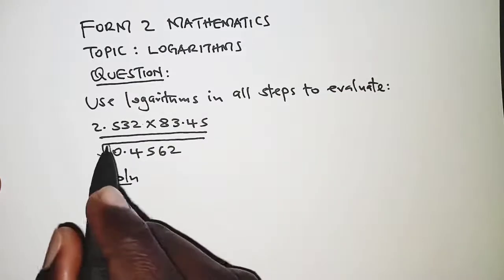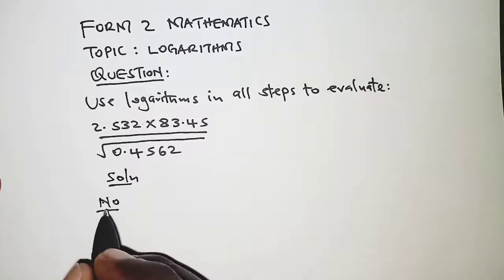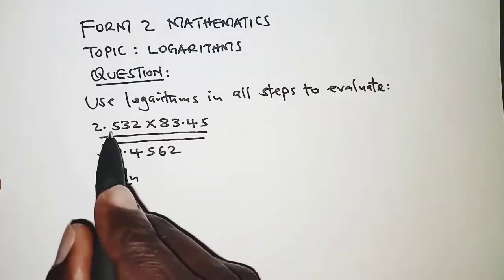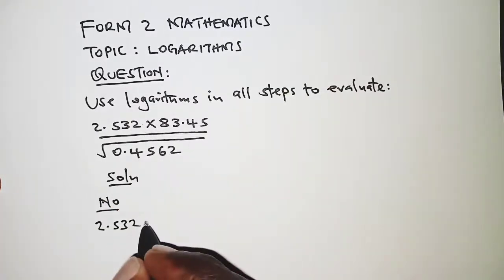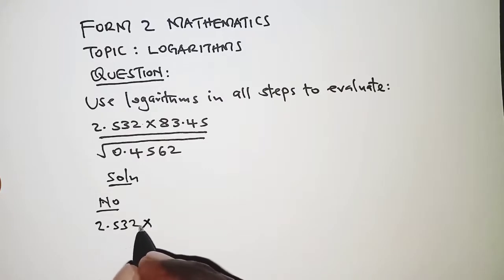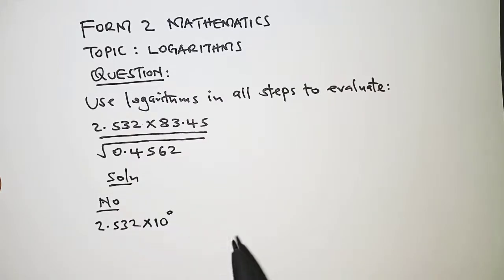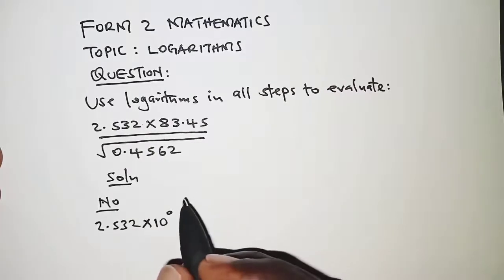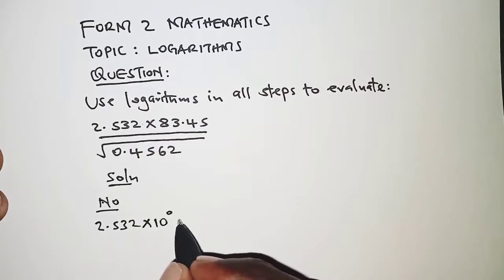So, beginning with the numerator, we have 2.532. So, the first value here in standard form is 2.532 by 10 power 0. And then the next thing is to find its logarithm.